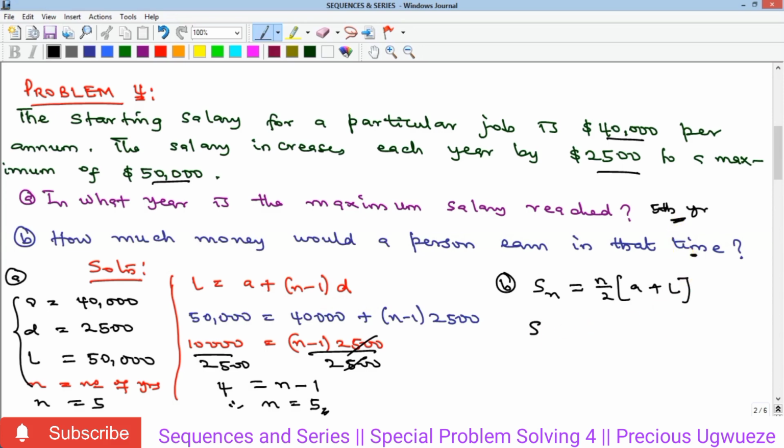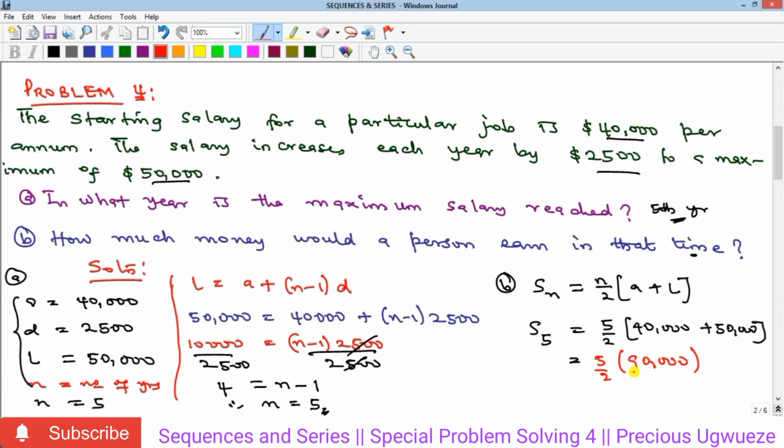So we are looking for S5, and that will be equal to 5 over 2 multiplied by our A, which is 40,000, and our L, which is 50,000. If you multiply that, you have 5 over 2 multiplying 90,000.